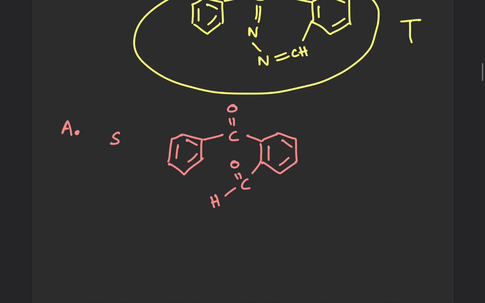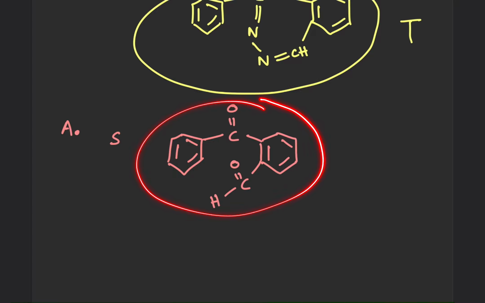S is an aromatic aldehyde because CHO is connected to a benzene ring. So therefore statement A is correct: S on warming with ammoniacal AgNO3 results in the formation of a silver mirror.